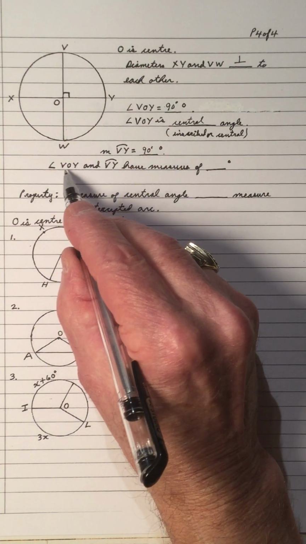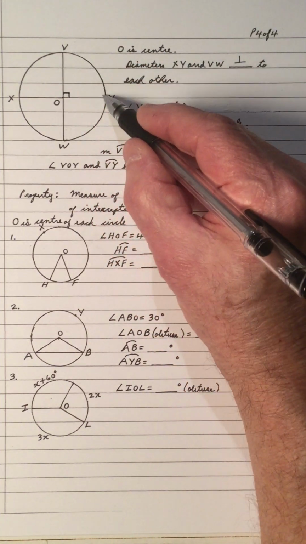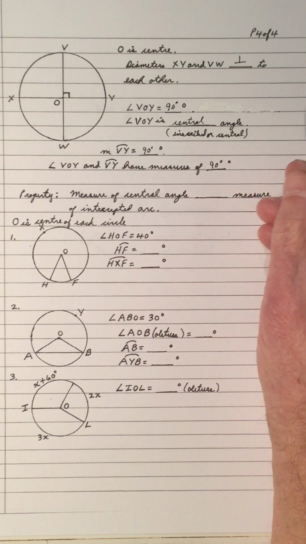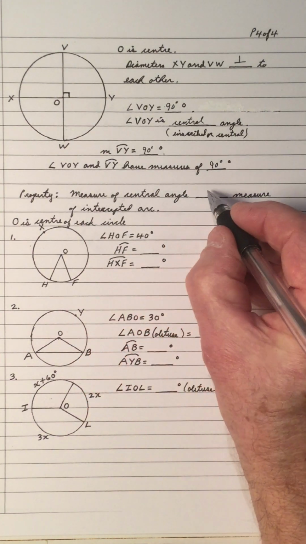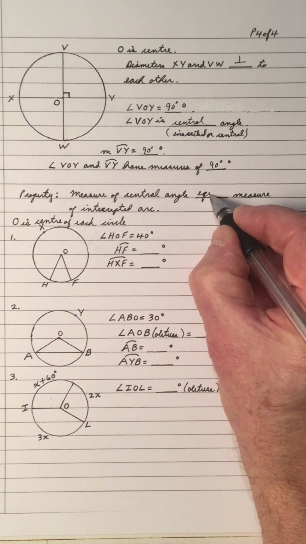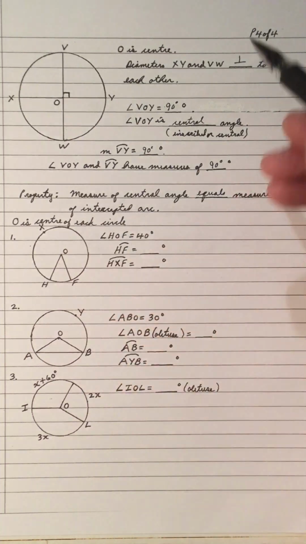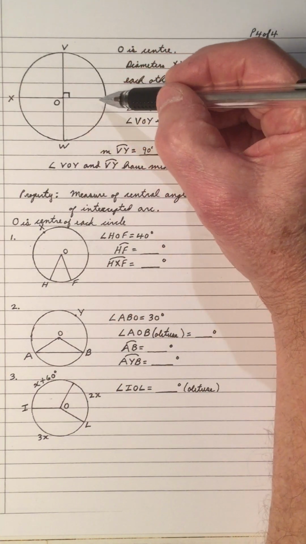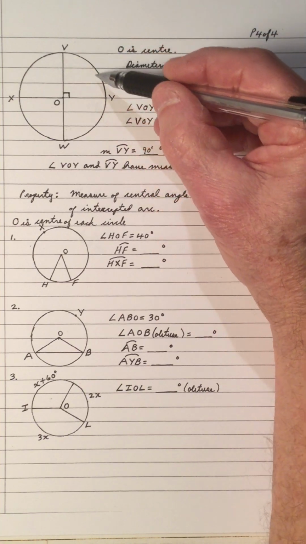That means the angle VOY and the arc VY both have measures of 90 degrees. What I'm trying to say is the measure of the central angle equals the measure of the intercepted arc. The angle at the center is always equal, no matter what the angle is, to the measure of this arc.